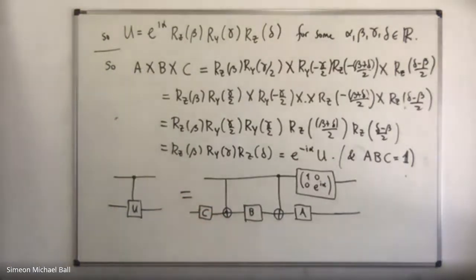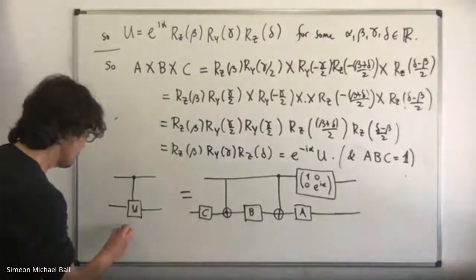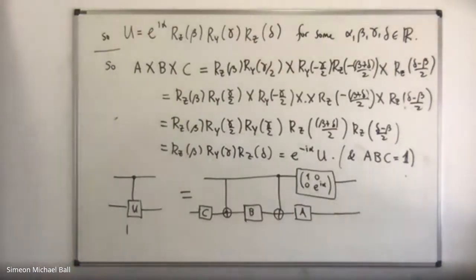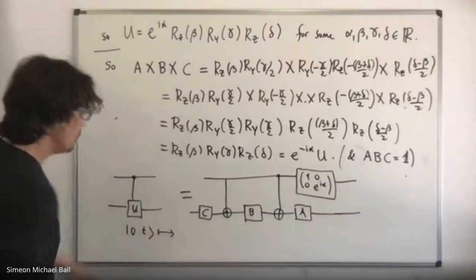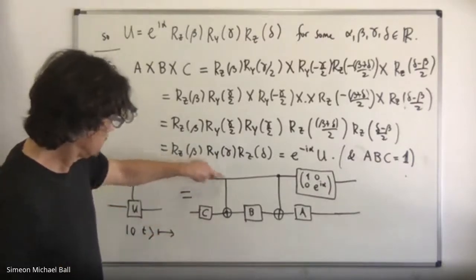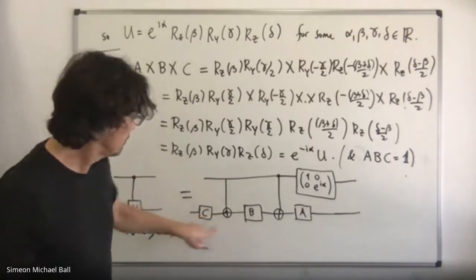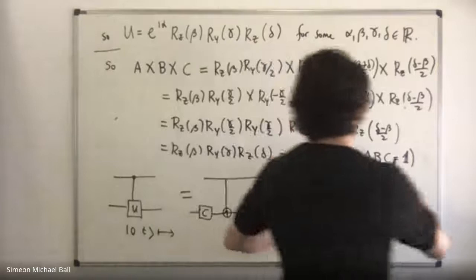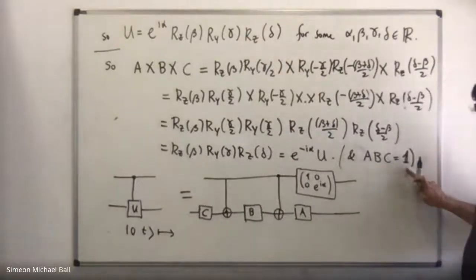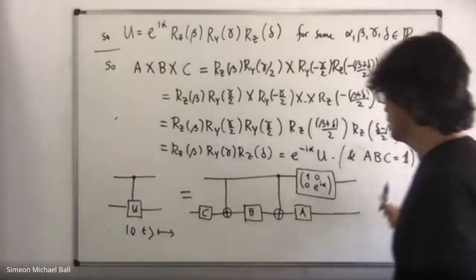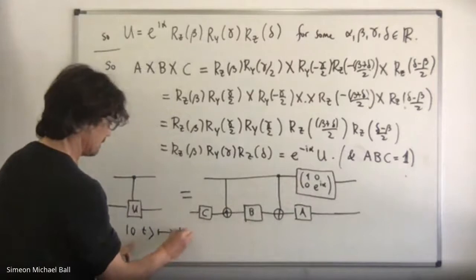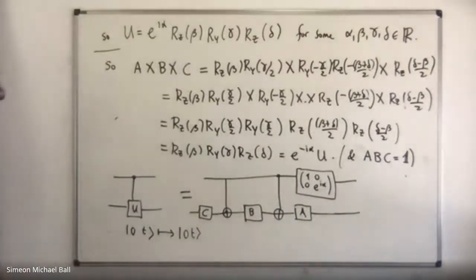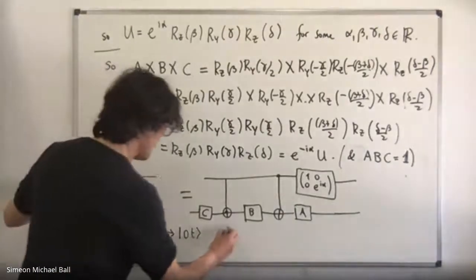Why is this the same? Well, I just have to check the basis, right? So what happens to |0>|t>? It's going to get multiplied down below by C, then B, then A. That's the identity, so nothing's going to happen to it. And at the top, this 0 is just the 1 here, so that just goes to |0>|t>. And now what happens to |1>|t>?